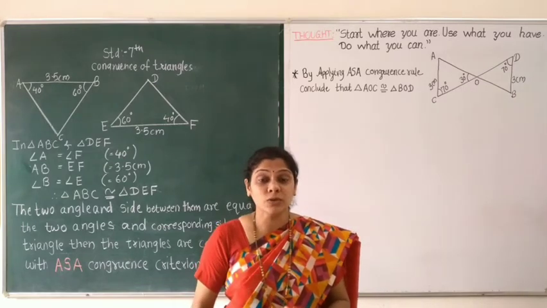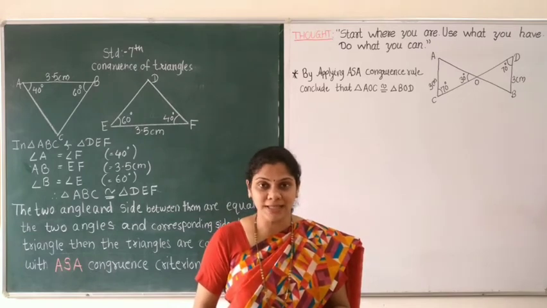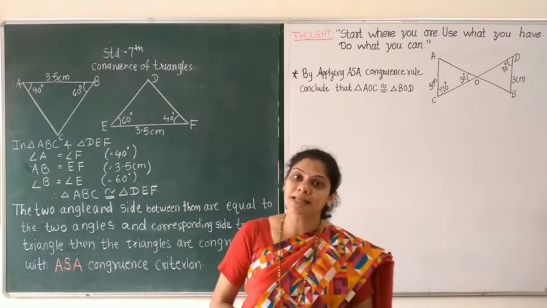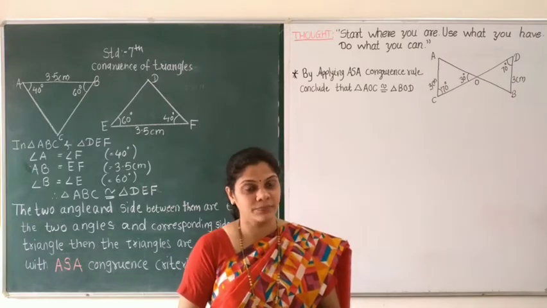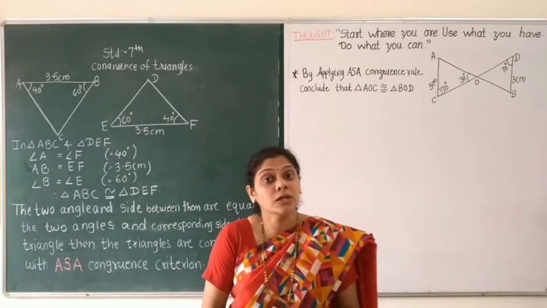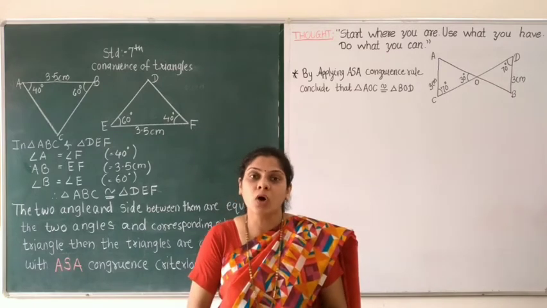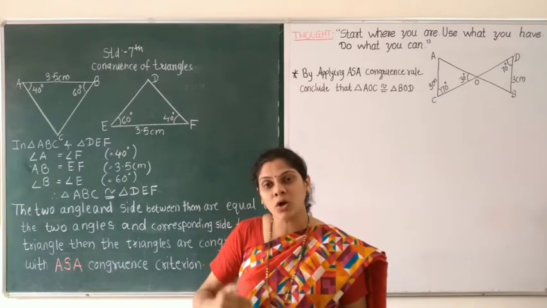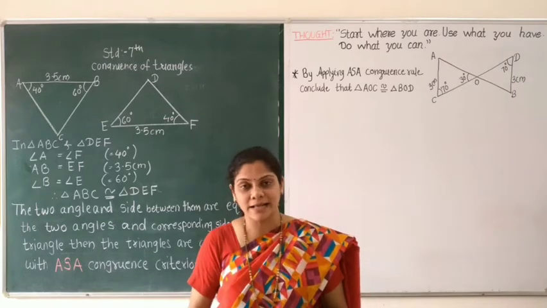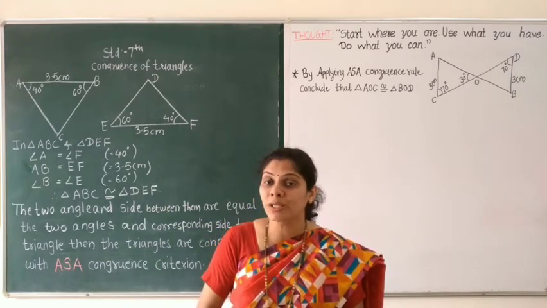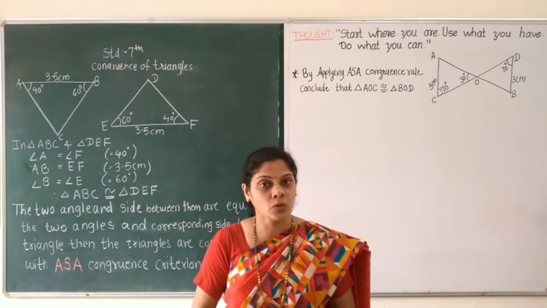The second rule that we studied in the last session is the SAS congruence rule, that means side, angle, side. What is that rule? When two sides and the included angle are congruent to the same two sides and included angle of another triangle, then we can say that those two triangles are congruent by the SAS congruence rule.